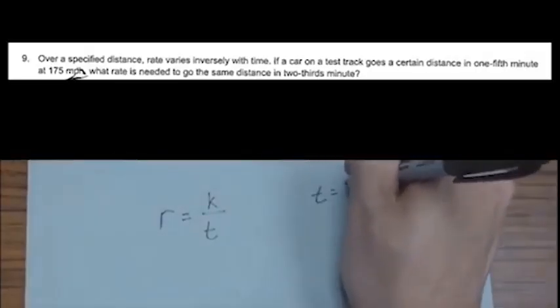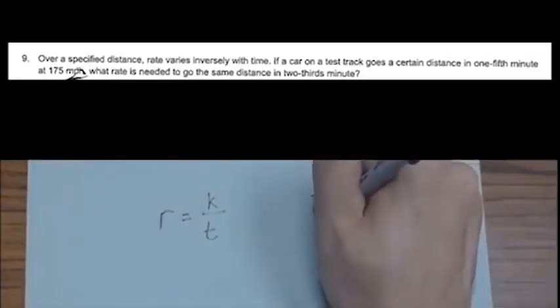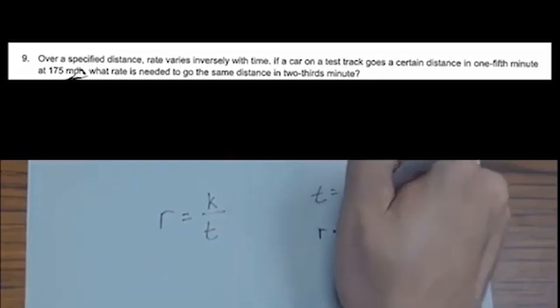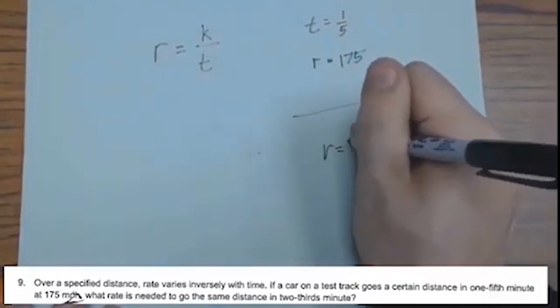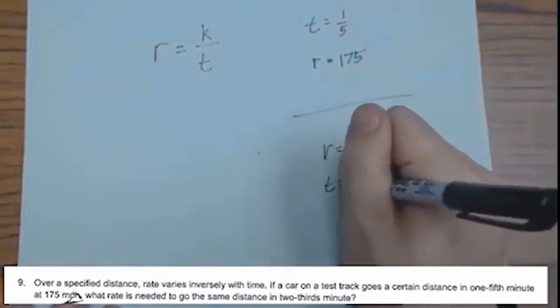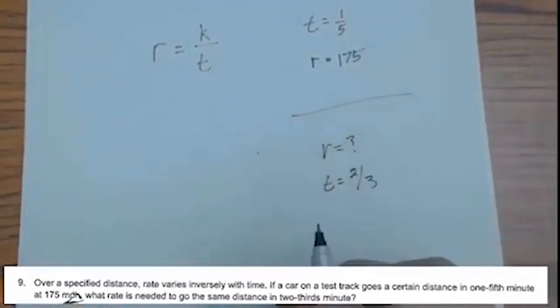If a car on a test track goes a certain distance in 1/5 minute at 175 miles per hour, so time is 1/5 of a minute, the rate is 175 miles per hour. What rate is needed to go the same distance in 2/3 minute? What will be the rate if the time is 2/3?